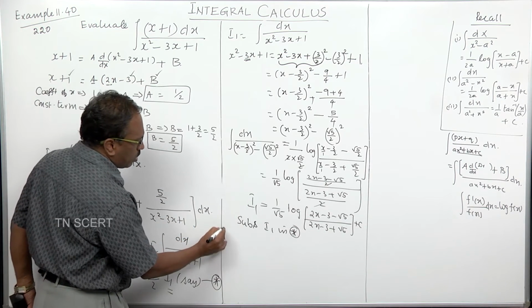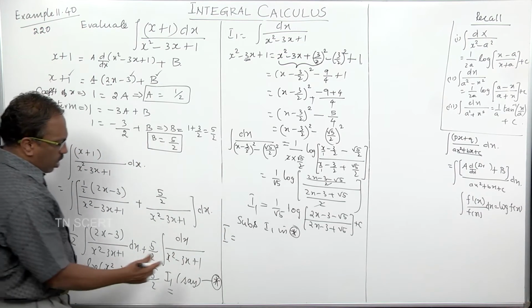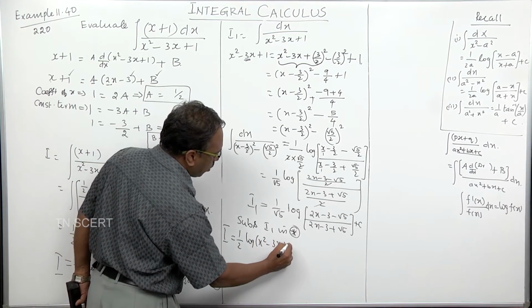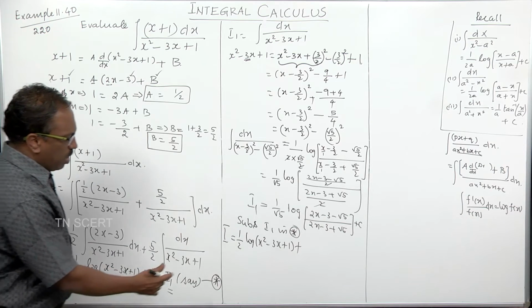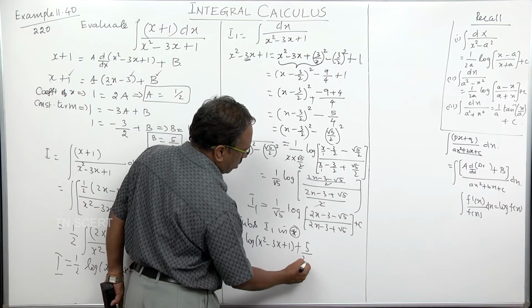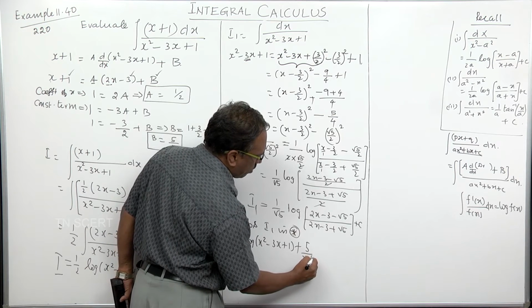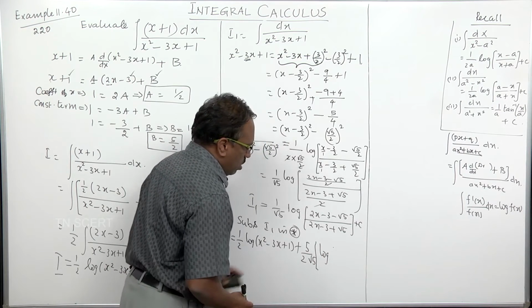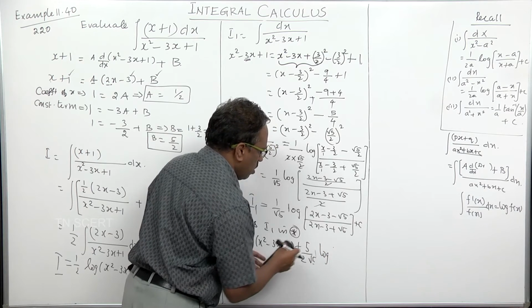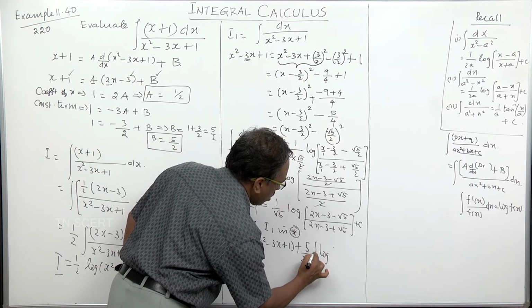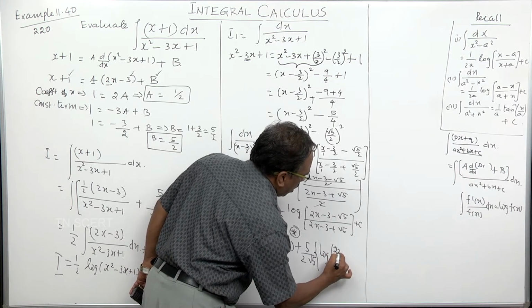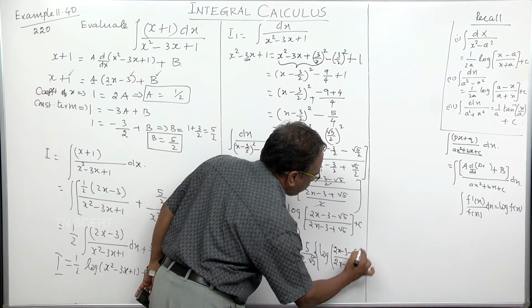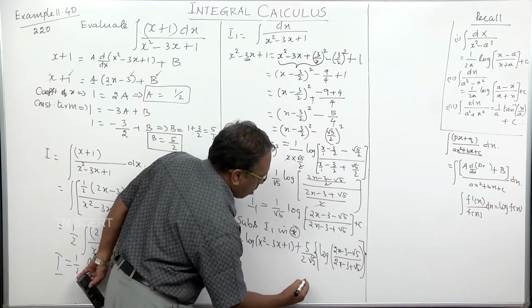So I = 1/2 log of (x² − 3x + 1) + 5/2, and here it is 1/√5 log of (2x − 3 − √5)/(2x − 3 + √5) + c.